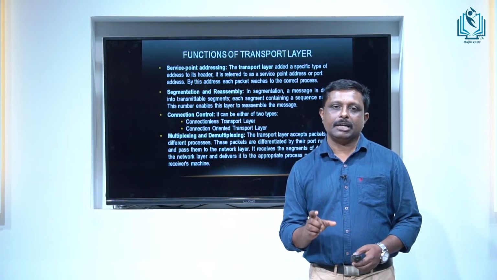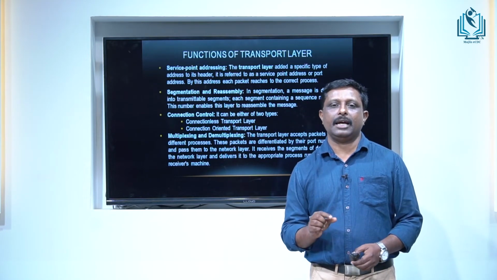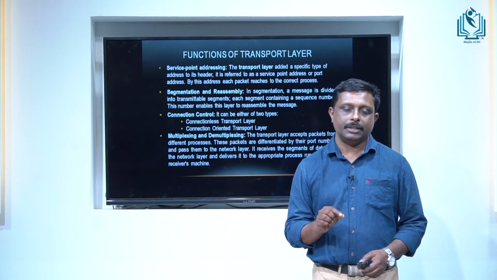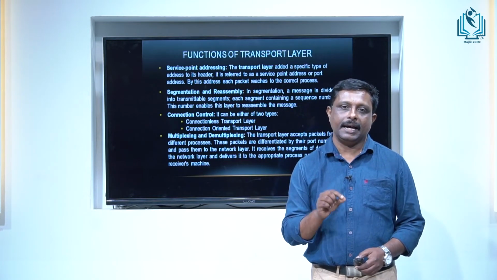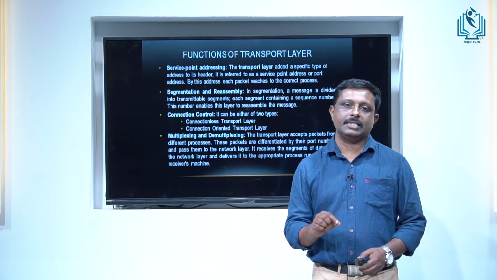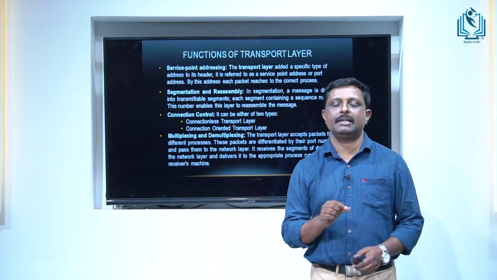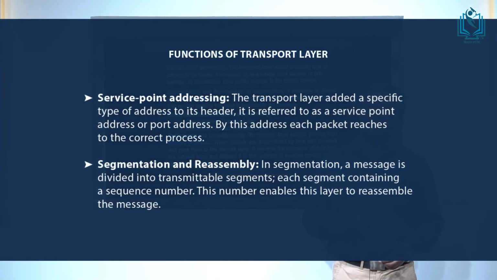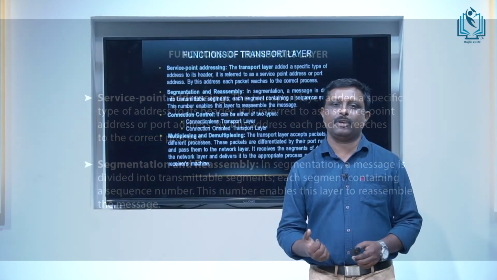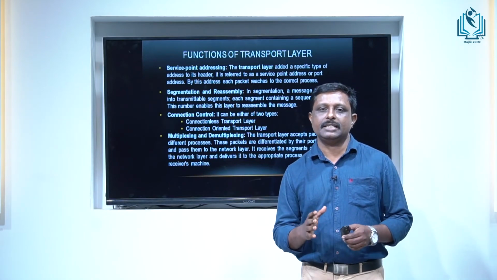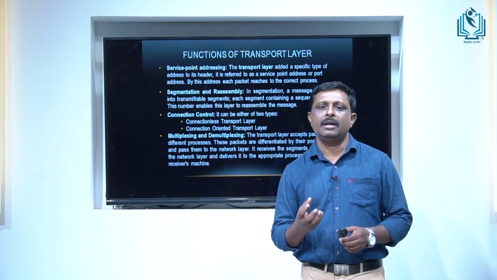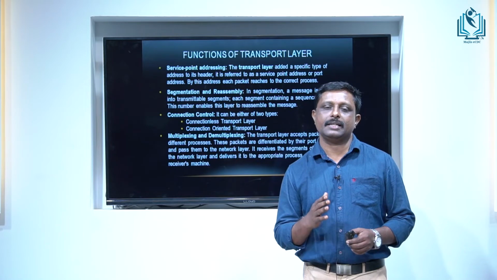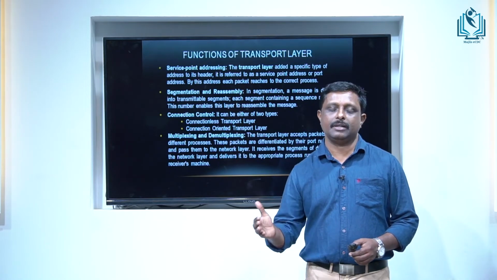While creating segments, the transport layer adds this port number to these segments as a header, which identifies the process on the receiving side. Next, segmentation and reassembly. Segmentation means the data coming from the session layer is divided into small segments and sent to the receiving device.